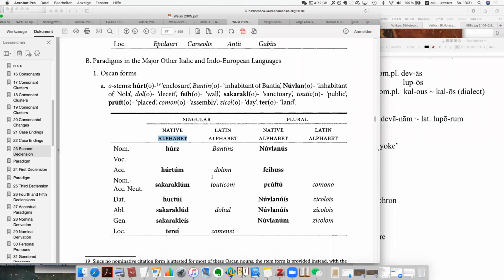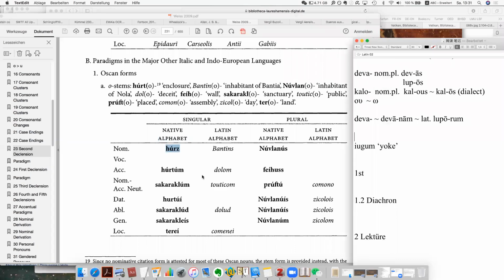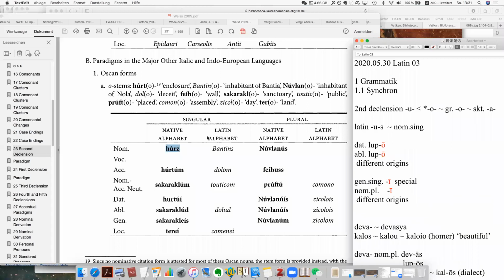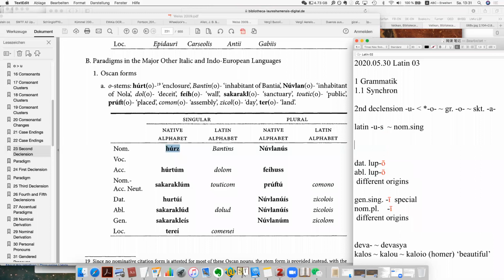It looks a little bit different, right? But still, you can see the correspondence. This is actually the S, so it comes from the S. And then, of course, the normal accusative singular in M. This is pretty regular.